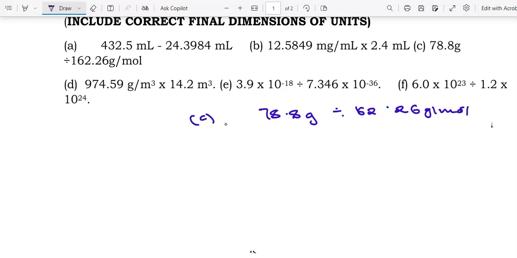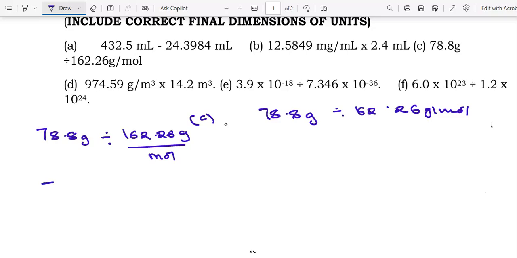So we first look at the units. It is our first thing. So we are going to write this as 78.8 grams, and since we are dividing, we write 162.26 grams over moles, because we have moles here.